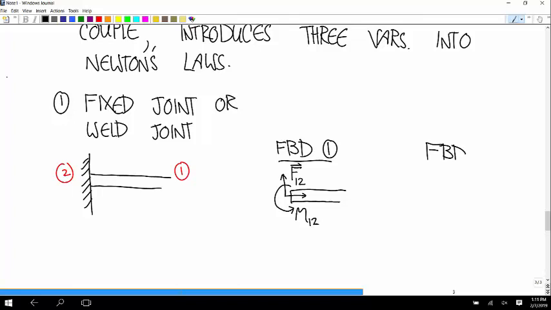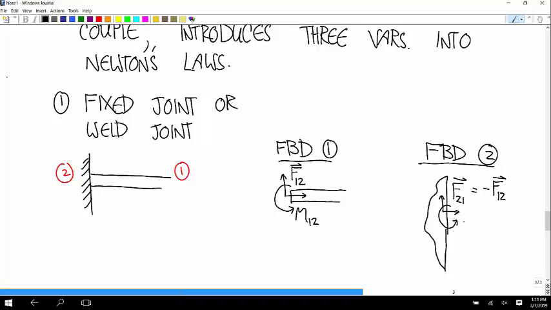And free body diagram on body 2 would have a force vector F on 2/1, which is equal to negative F12. And the couple M on 2/1, which is negative M12.